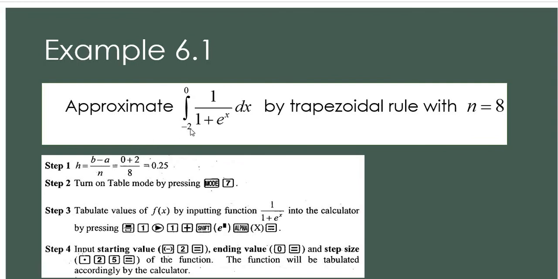If you put a minus 2 inside a, you will have plus 2, and put n in here, n is equal to 8. So from this question, you will have the step 1 with value of 0.25.